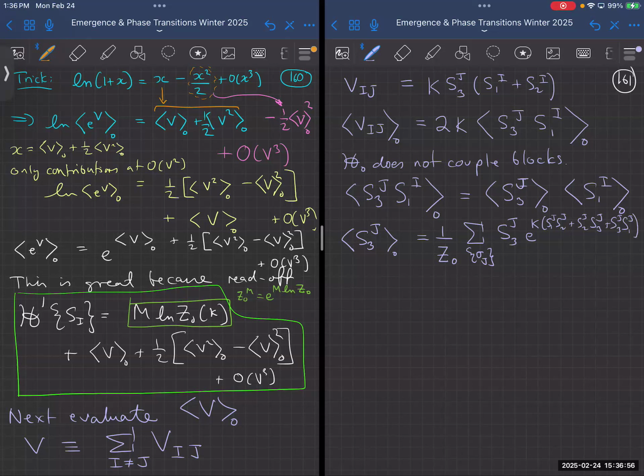All of those spins in the Boltzmann factor come from the same block because our unperturbed Hamiltonian just looks at spins within each block.